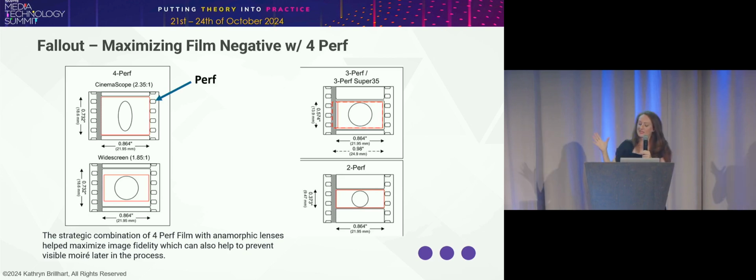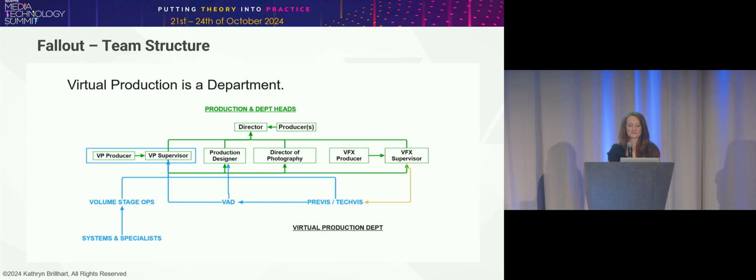So when you uncompress that, it actually creates a higher resolution image. And because it's creating this higher resolution using more of the film itself, it's another way to avoid moire. So that's a weird tie-in, but I thought that was really cool.